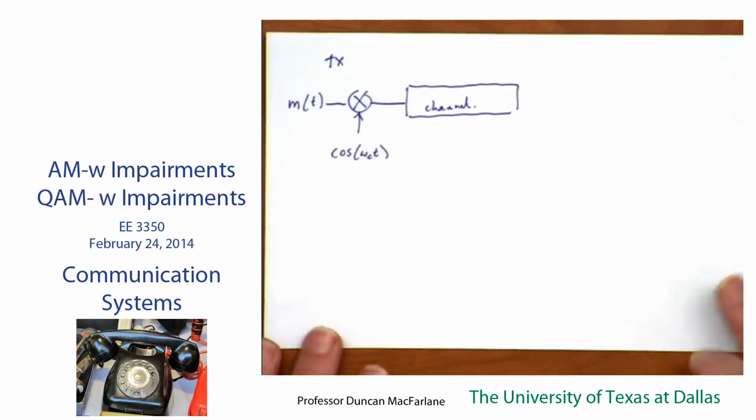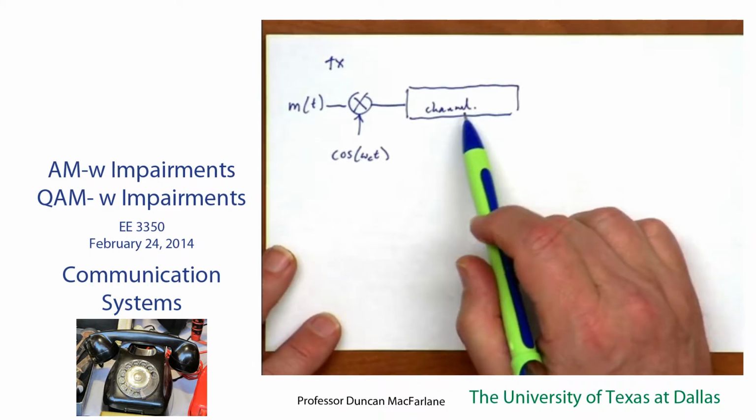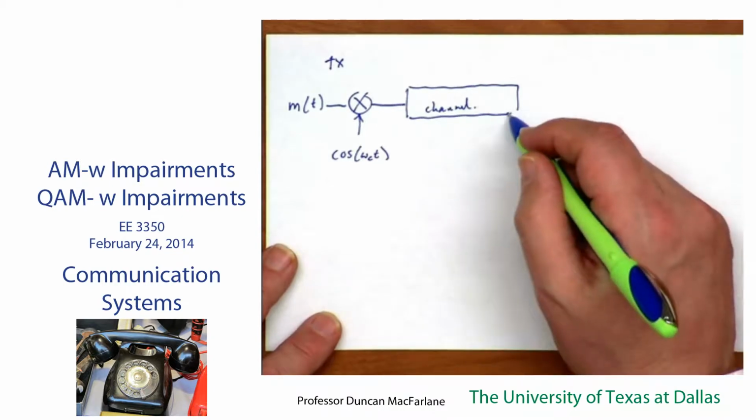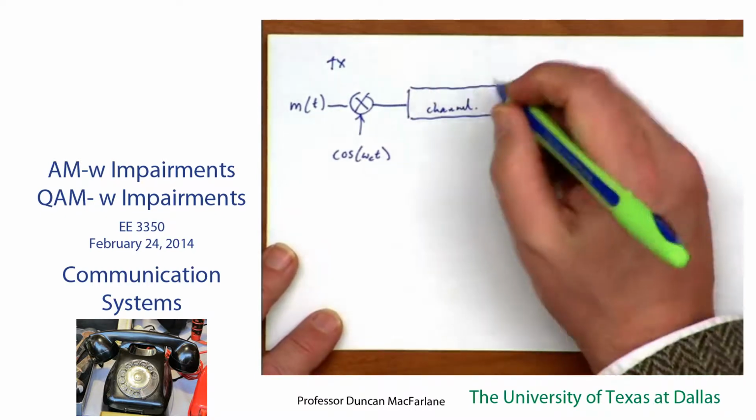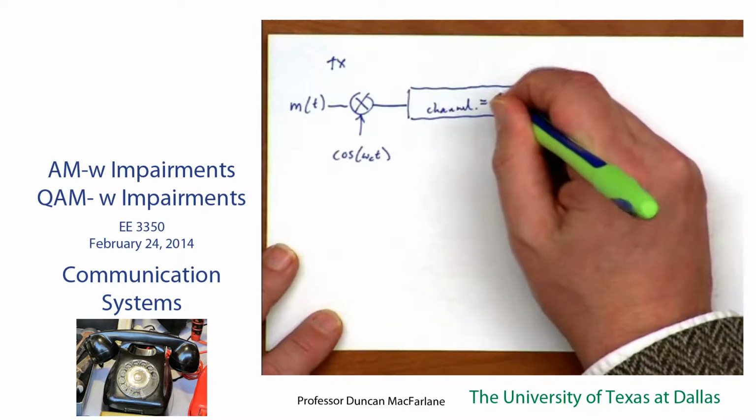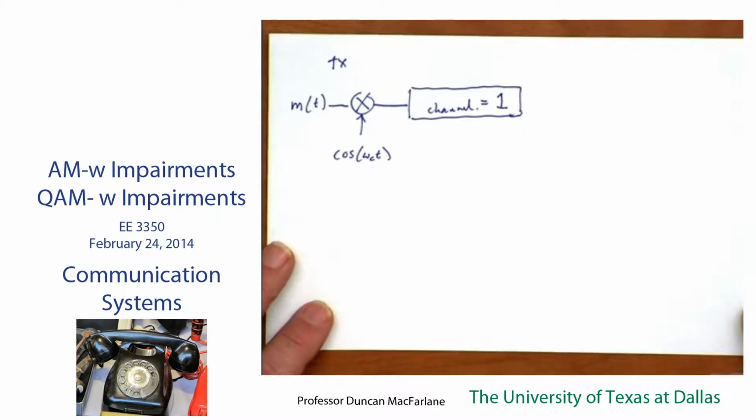And later on, in fact, probably in the next couple of lectures, we're going to start looking at what happens to this channel where things can start to go wrong. But for now, we are going to say it's a perfect channel.